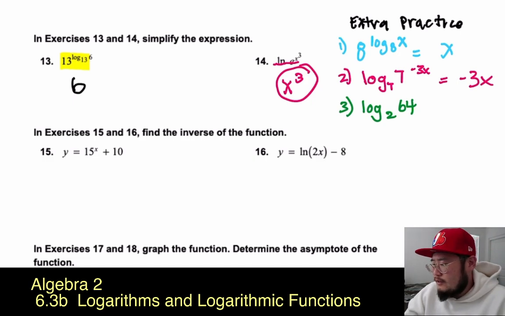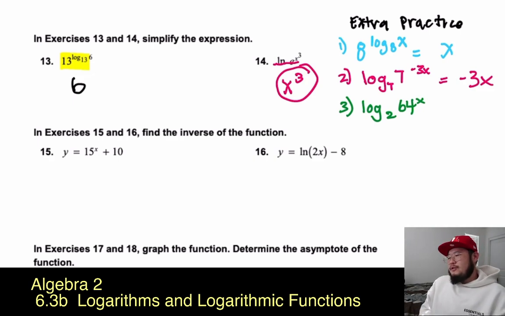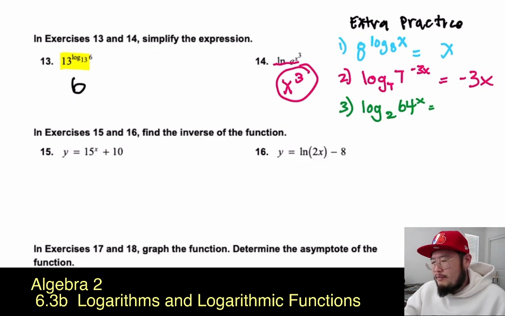All right, things are going to get a little more complicated right here. Remember, in order for me to bring that exponent down or solve for x, my log base has to be equal to what it is of. Right here, my log base of 2 does not equal 2 to the x power. It's 64 to the x power.